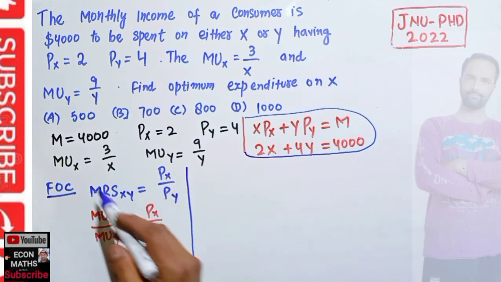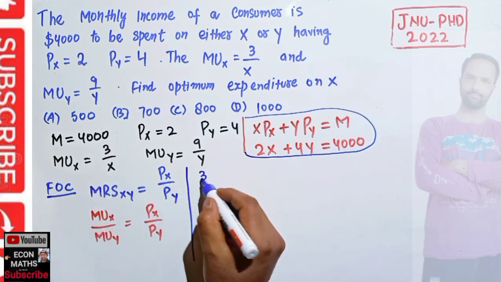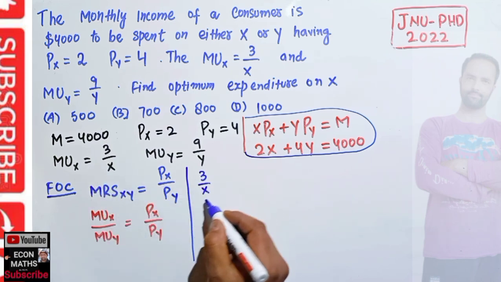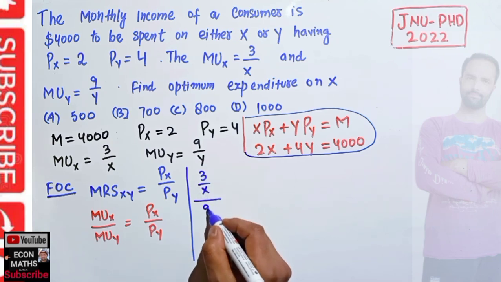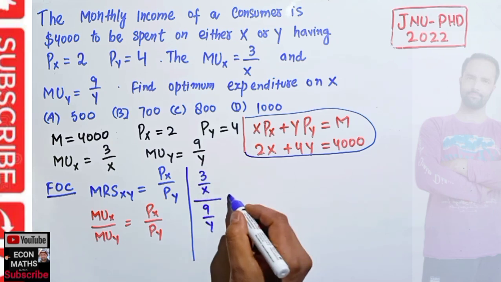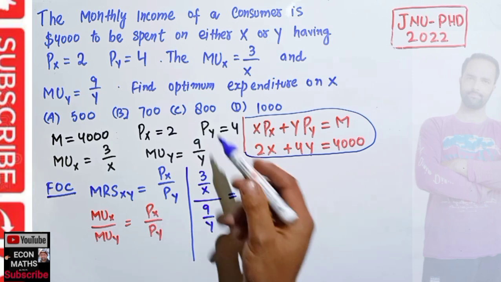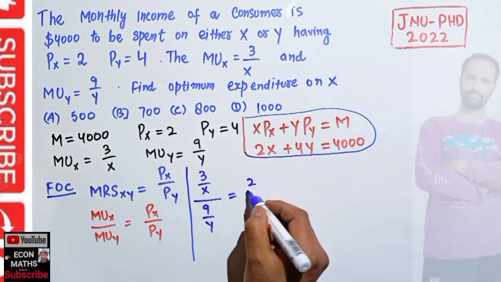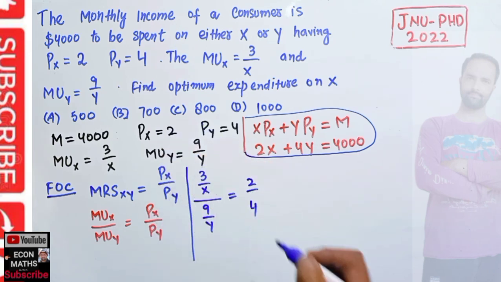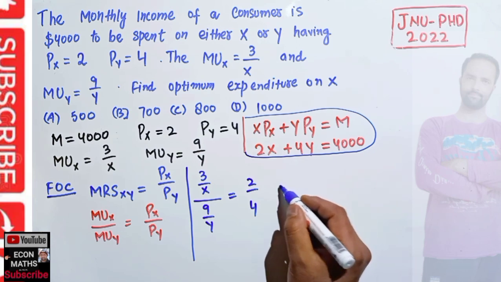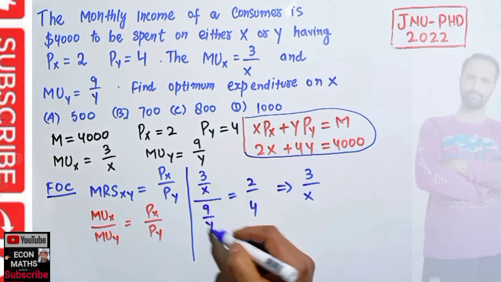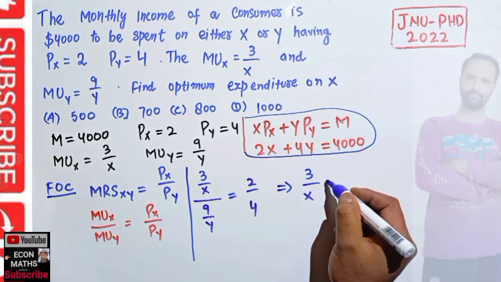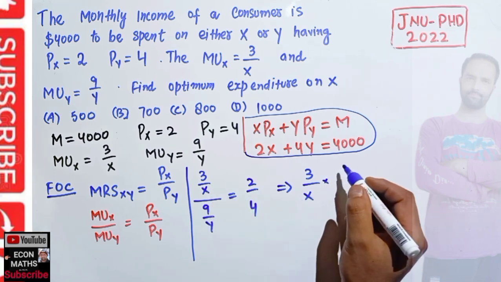Now marginal utility of X is being given as 3 upon X divided by marginal utility of Y, which is given as 9 upon Y, should be equal to price of X upon price of Y. Price of X is 2, price of Y is 4, which implies I can write it in this fashion: 3 upon X. If I transpose it to the numerator, it will get multiplied and reciprocated.